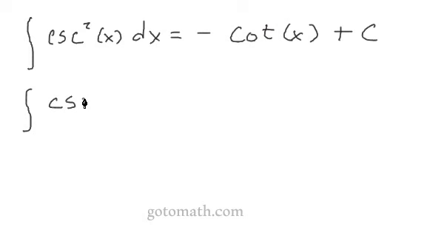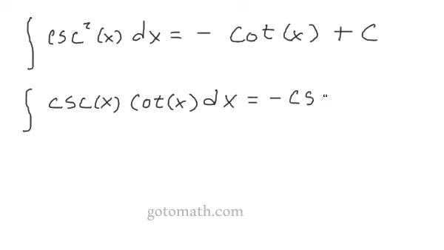The integral of cosecant x times cotangent x dx is going to be equal to negative cosecant x plus c.